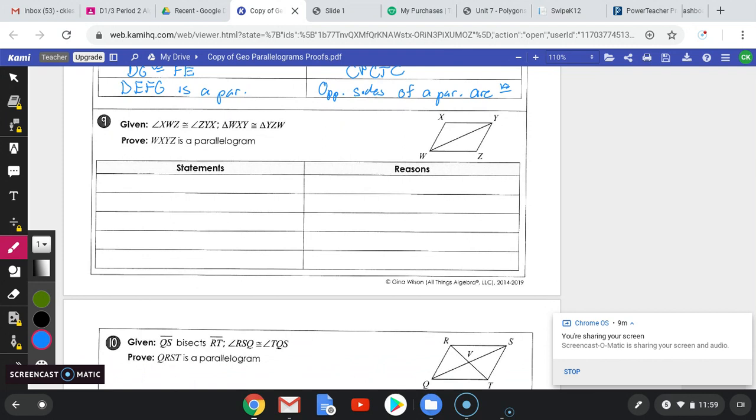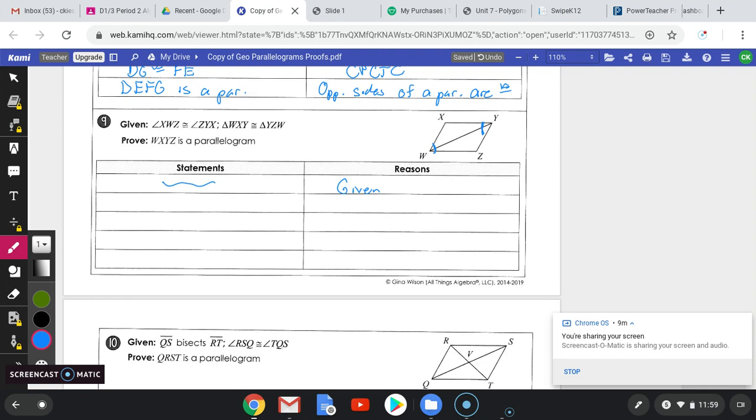So if I look at this one here, again, we start with the given. It says angle XWZ, this whole angle here, is congruent to angle ZYX. And then it says that triangle WXY is congruent to YZW.